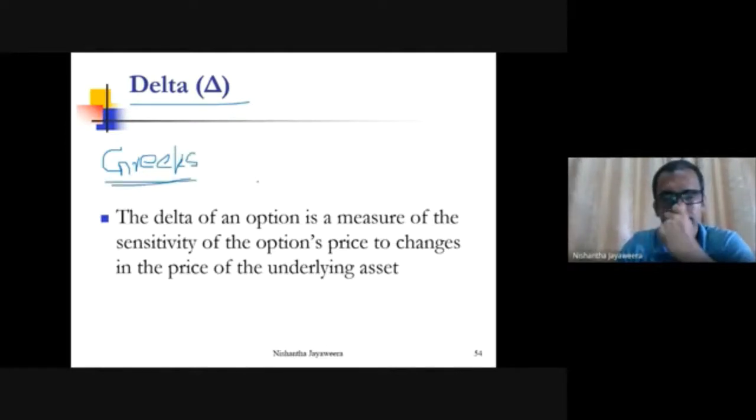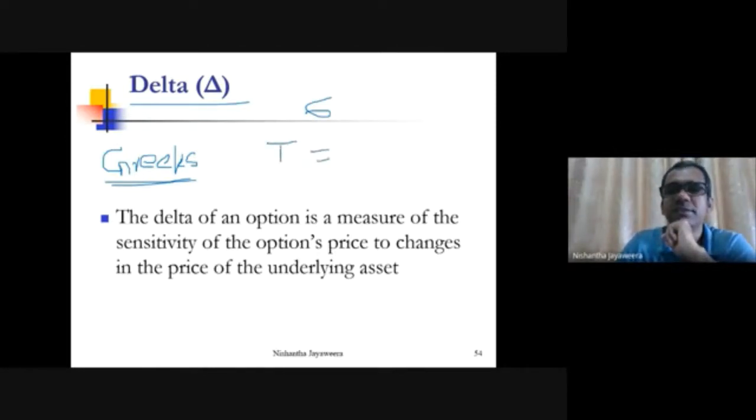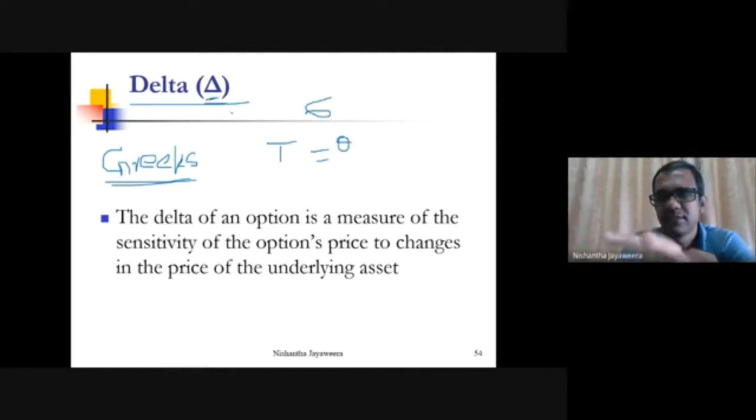Even that sigma, volatility, which I discussed earlier, is a Greek letter. Here time is reflected as theta, also a Greek letter. Likewise, delta is a Greek letter. All these things we call option Greeks.